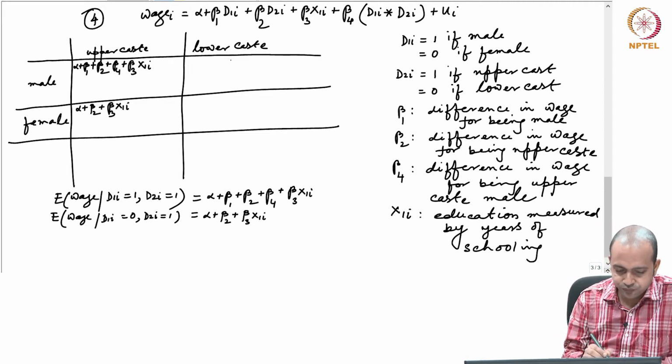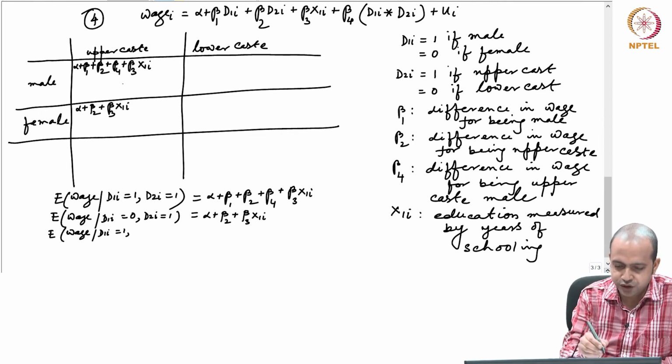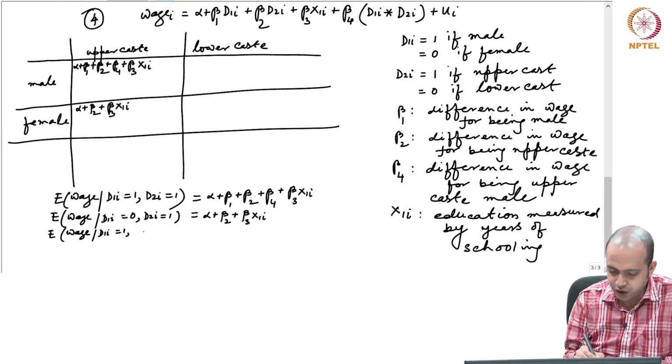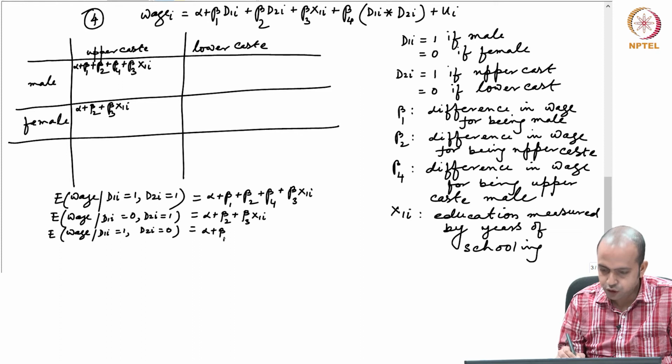Okay. Then for the male and lower caste, what will happen? Expectation of wage given D1i equals 1, because it is still male, but D2i equals 0, because I am considering lower caste. So alpha plus beta 1 would be there, but beta 2 will vanish.